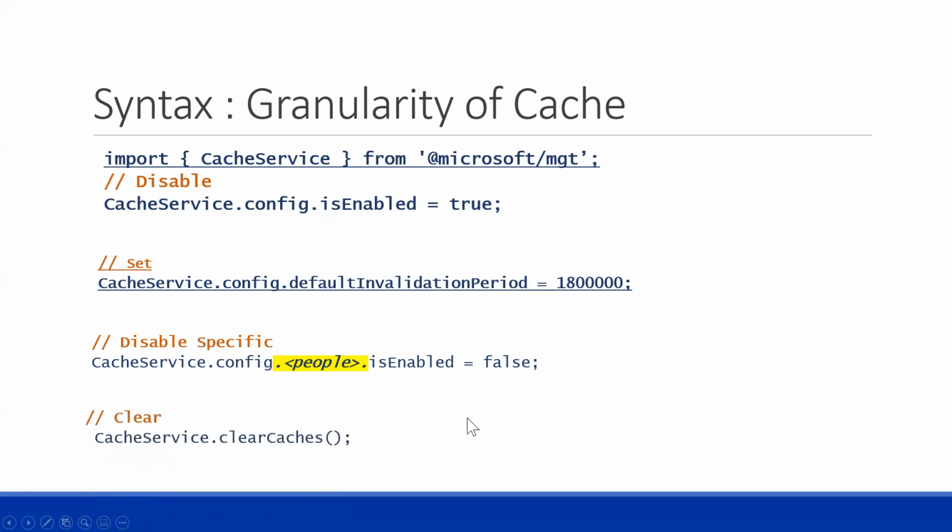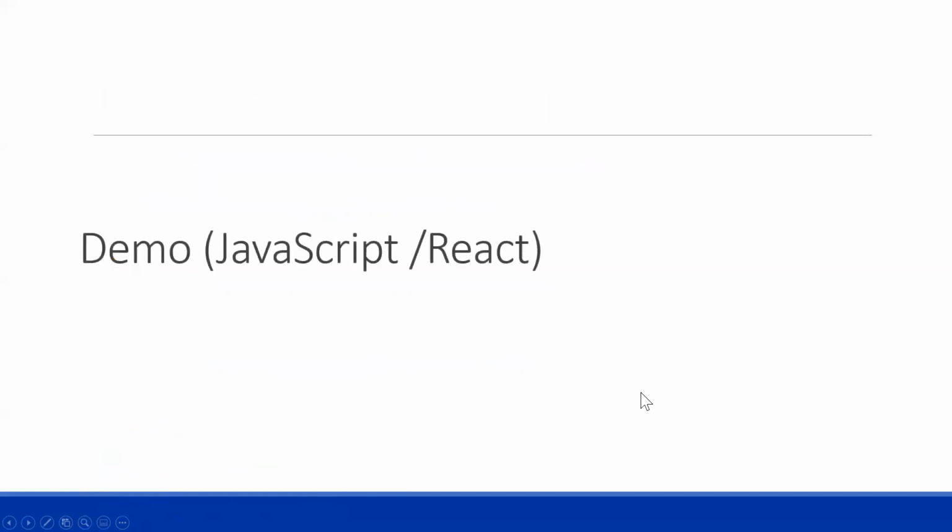And there might be business cases where you want to flush out the entire cache. You can do that using cache service dot clear cache. As I said, it always makes more sense to see this in action instead of hearing, so let's see it in demo.